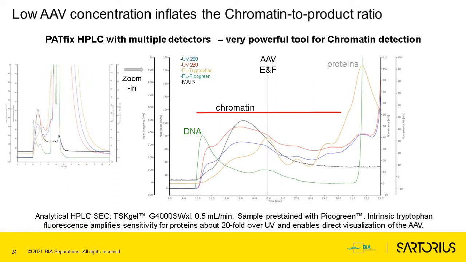We are using exclusion pores of 4,000 angstroms, and most of the chromatin would come in the void volume, but there are also some chromatins which elute a little later, and nucleosomes are even smaller. So we would have these chromatin nucleosome structures over the whole size exclusion chromatogram. But once again, more important is that we have a method which allows us, within just 30 minutes, to get an idea about the amount of chromatin structures.